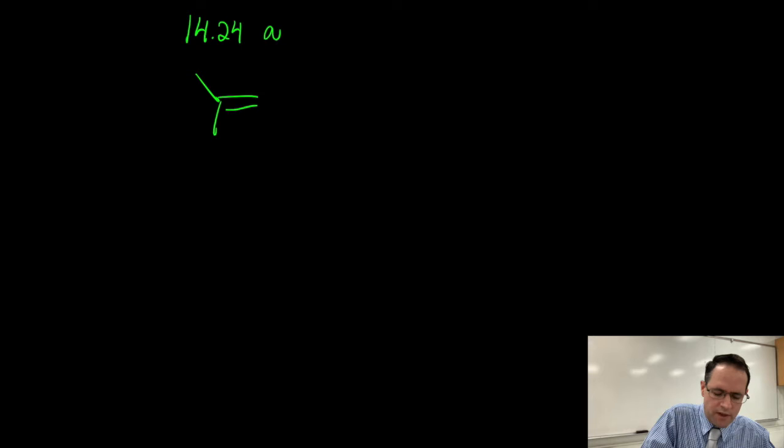So let's just jump into doing some problems. It's probably the best way to illustrate this concept. So in problem 1424A, we have an alkene, and we want to synthesize this molecule here.